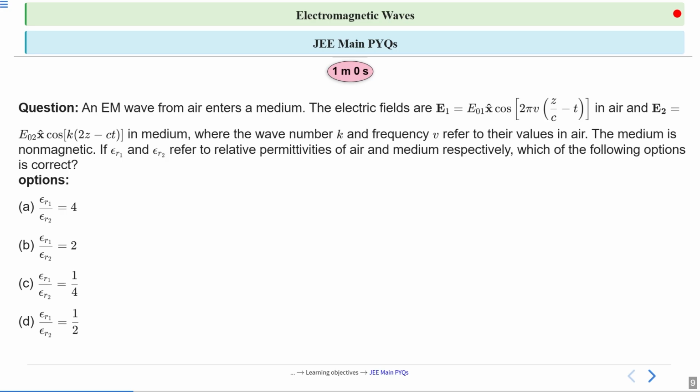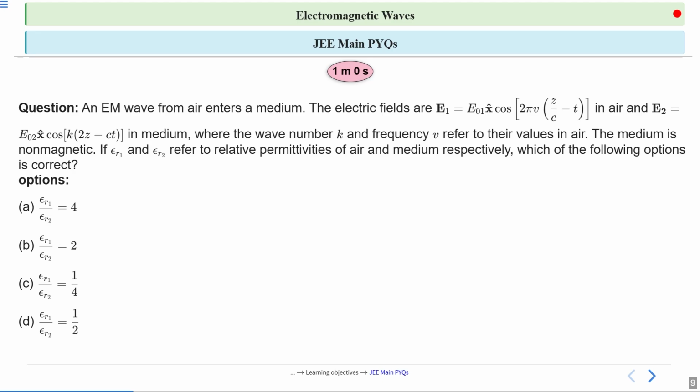That means the electric field is along the x axis, and cos of 2 pi nu z upon c minus t. So what is this form? What is 2 pi nu? It is omega. If you multiply omega into the bracket, it becomes omega z upon c minus omega t. What is omega z upon c?